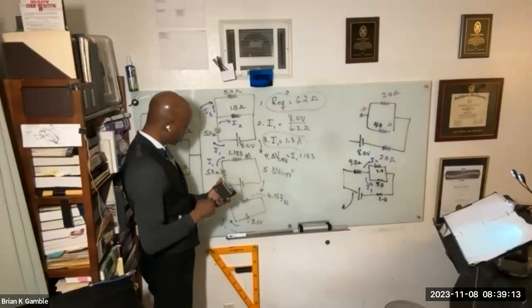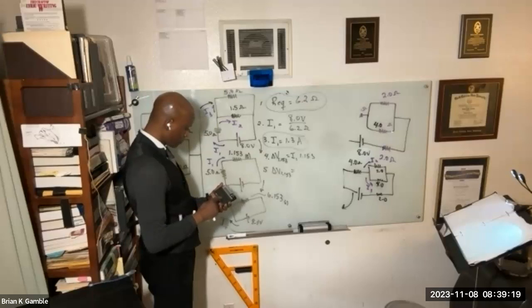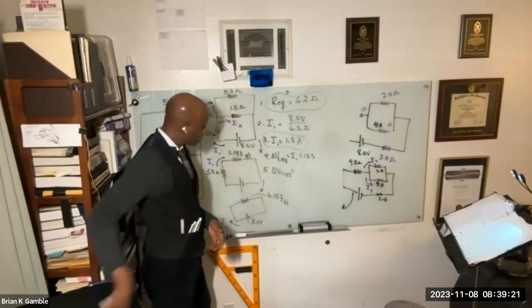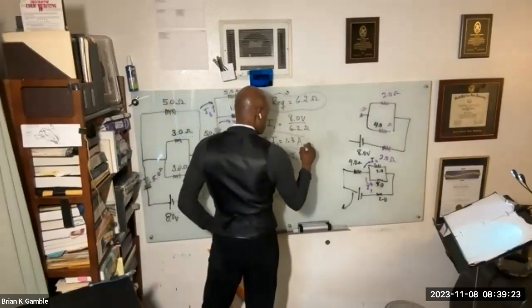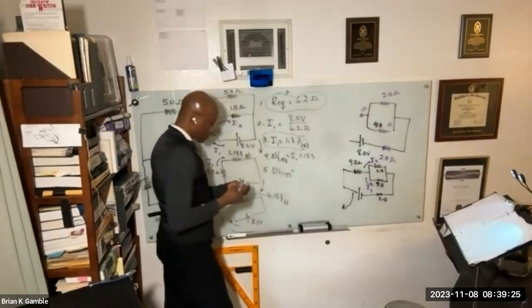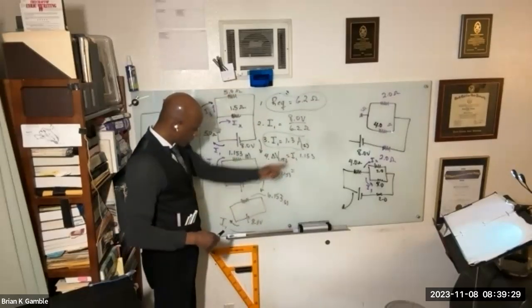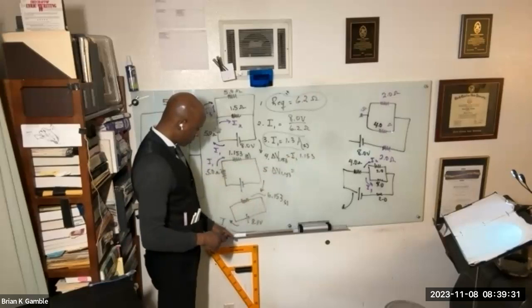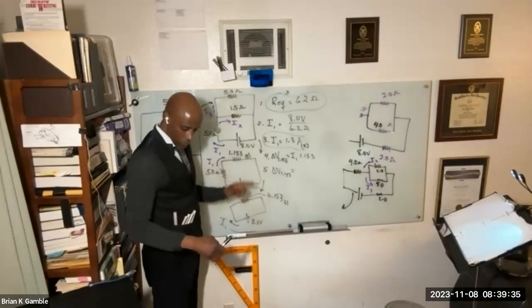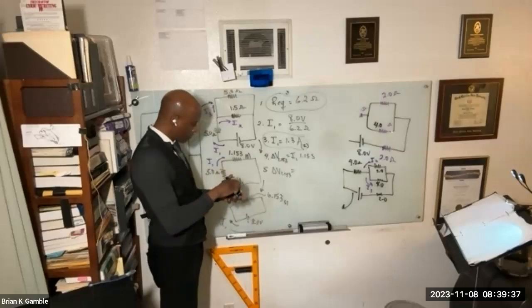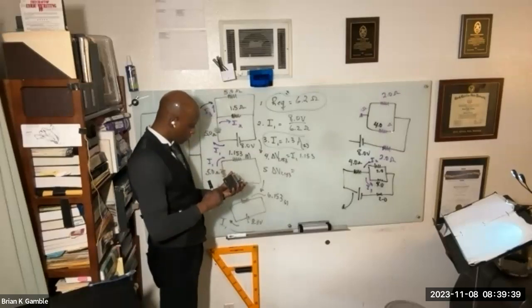Oh, it's right here. I didn't put it anywhere. So let me store that in register 2. So it's going to be that guy times I1, which I put in register 0.